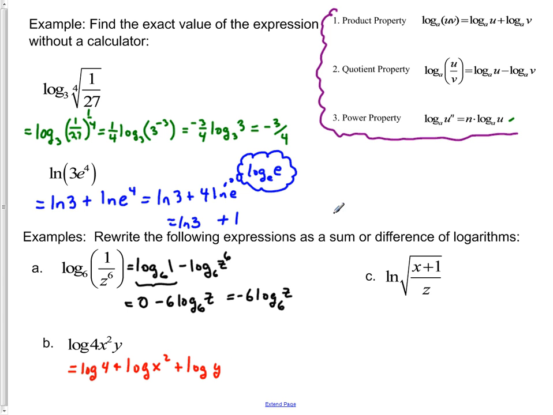And actually, there's one more thing we can do, because again, by our power rule right here, we have x squared in the expression, and so we can rewrite this as the common logarithm of 4, plus, let's take that exponent down and make it 2 times the logarithm of x plus the logarithm of y, and that is our simplified expression.